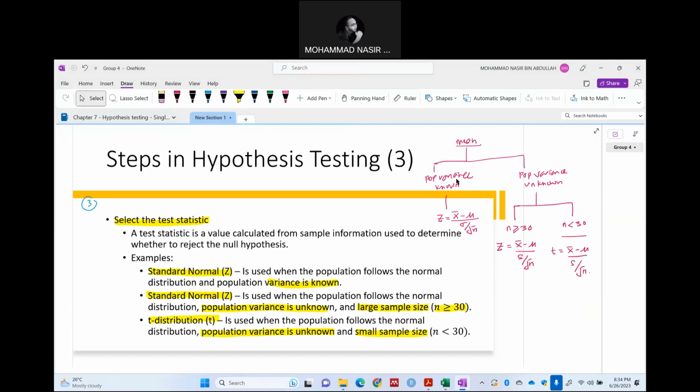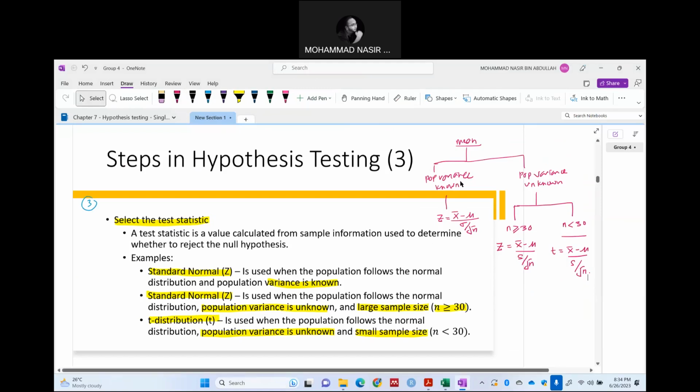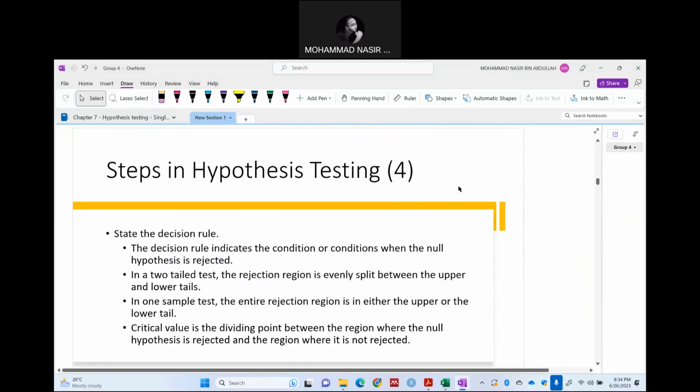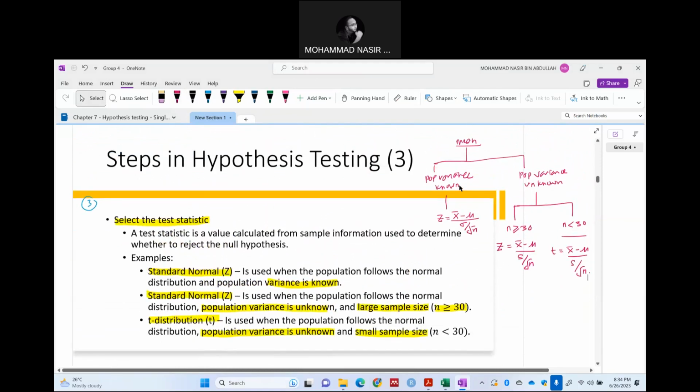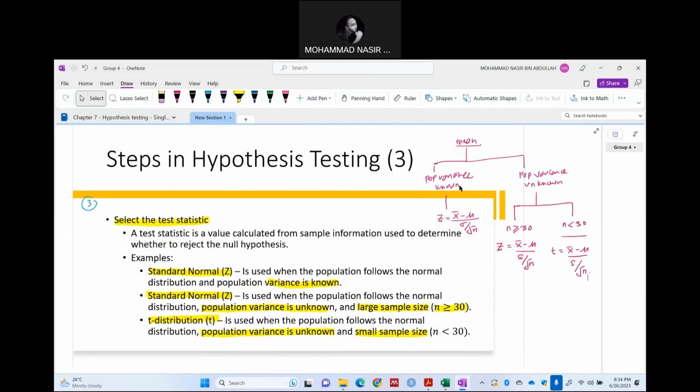Any questions so far? So this is step number 3. Step number 1 is to state the hypothesis statement, which is the null hypothesis and alternative hypothesis. Step number 2, state your significance level, which is alpha, the probability of type 1 error.